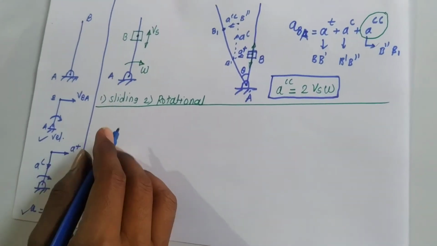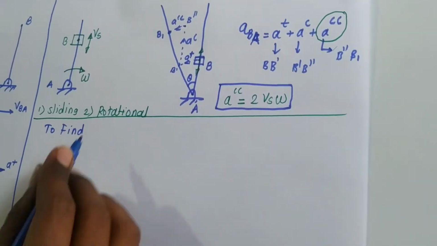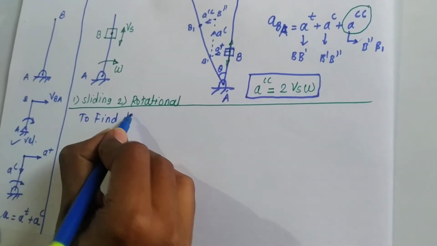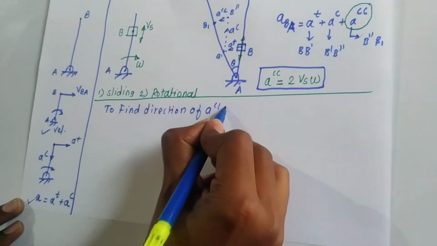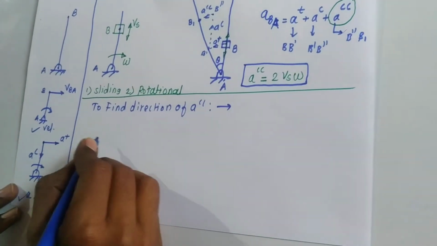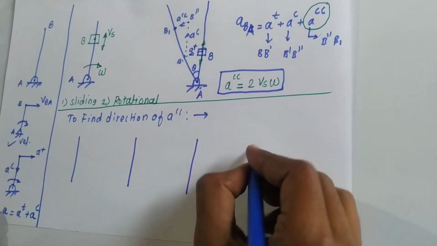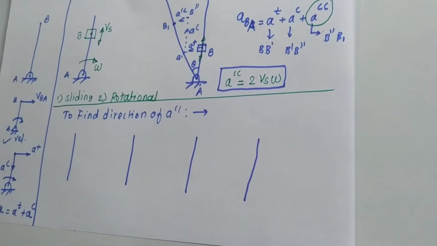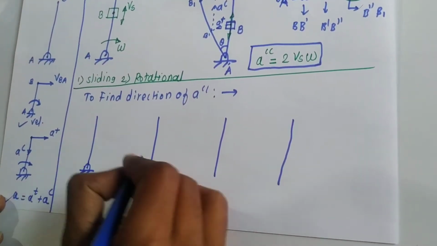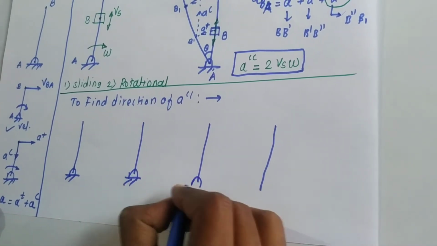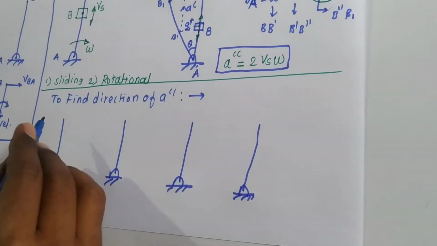Now there are 4 cases we need to discuss to find the direction of A_CC. Let's say 1, 2, 3 and 4. Let's say all these links are pivoted about a fixed point as usual, and we'll consider a slider here.